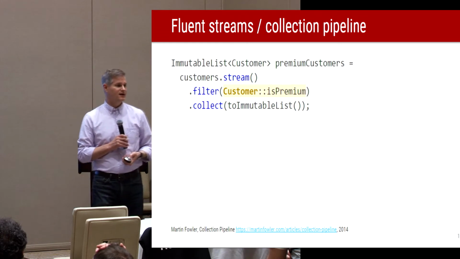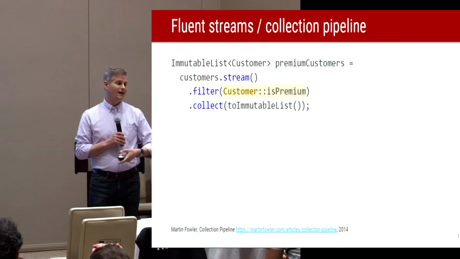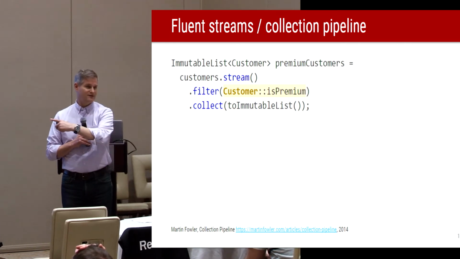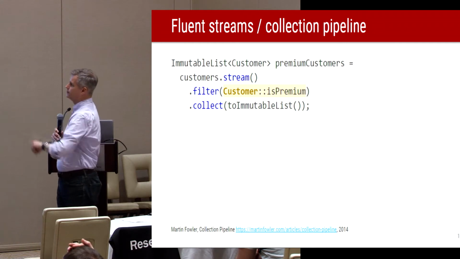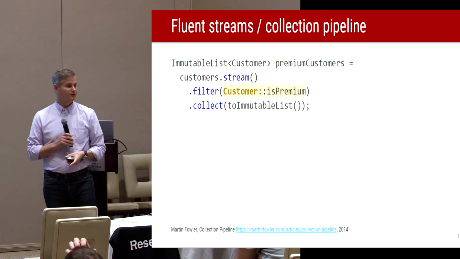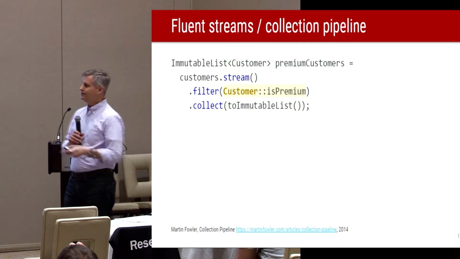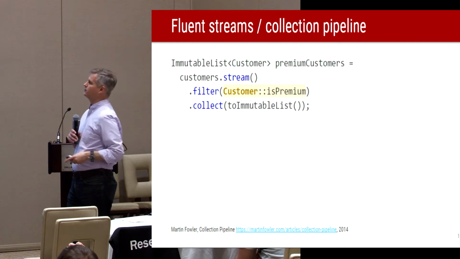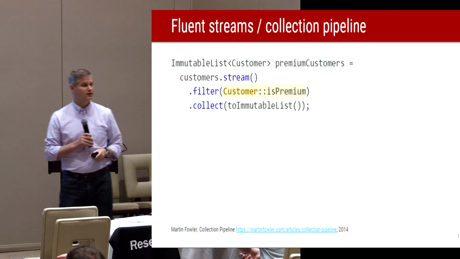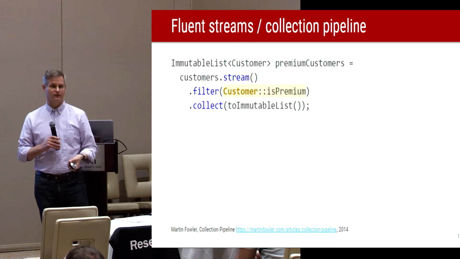What that says is there's a class Customer, and there's a method on it called isPremium, and the compiler is going to make sure that isPremium returns a Boolean, because the filter operation requires a Boolean. And so, by applying yet another one of these little FP ideas, this code reads a little bit better. Customers stream it, filter the customers that are premium, and collect it into an immutable list. It almost reads the way you would explain it to your friend.